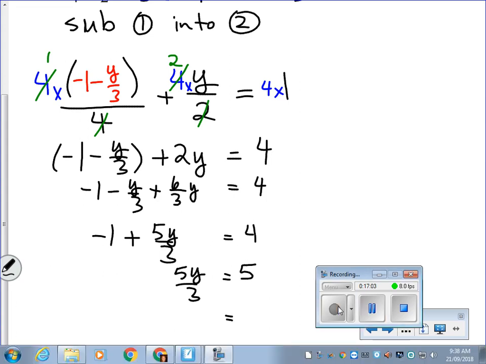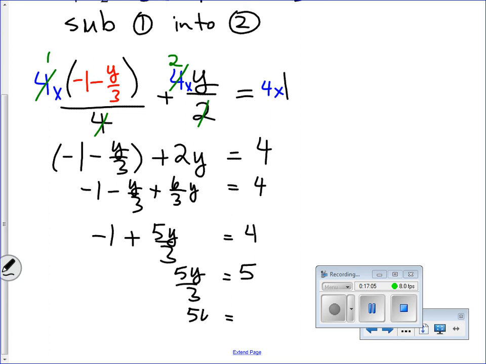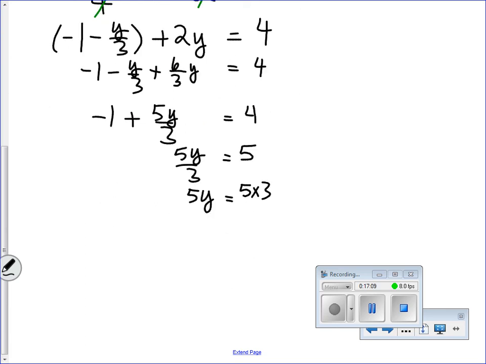All right, now we have 5y is equal to 5 times 3, which is 15. So 5y is 15. Now what? Exactly, we divide both sides by 5. So y is equal to 3.